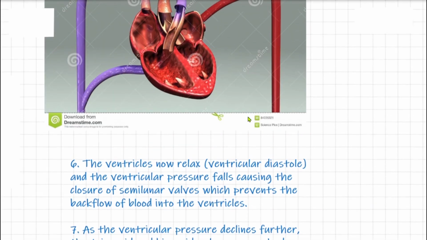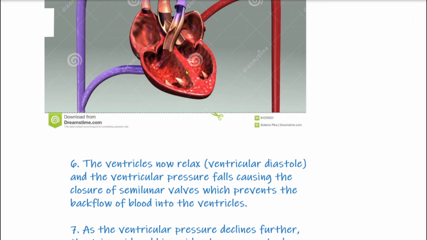And students, now as the ventricles are relaxing, intraventricular pressure is decreasing. Again a point will come when the intraventricular pressure will become less than the intra-atrial pressure, because intra-atrial pressure is continuously increasing now due to the blood coming from the corresponding veins.